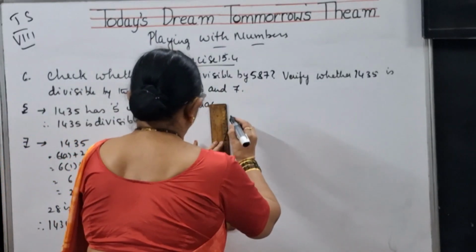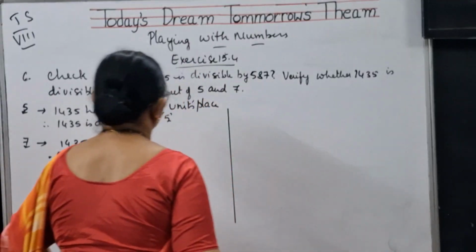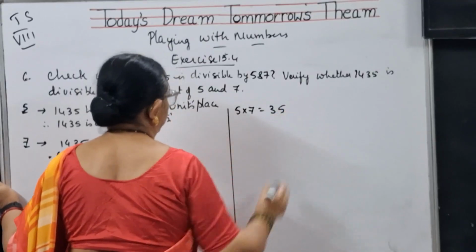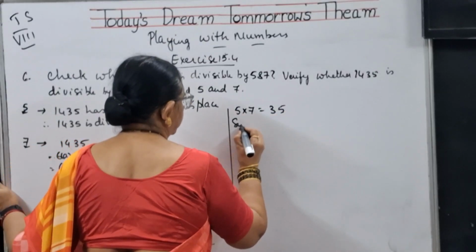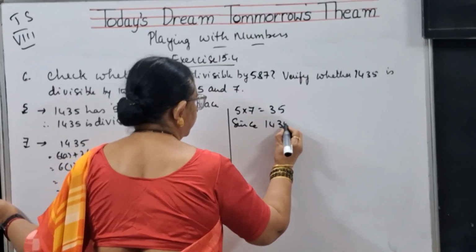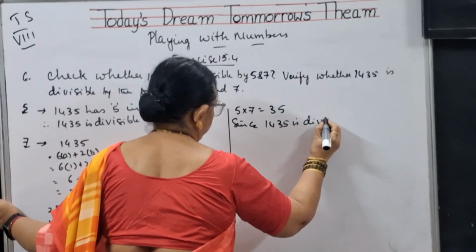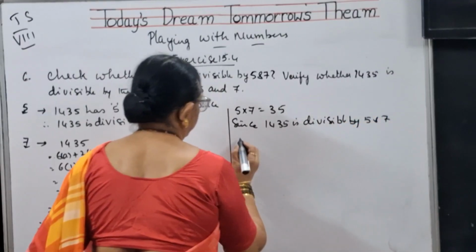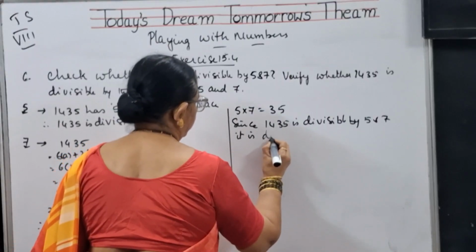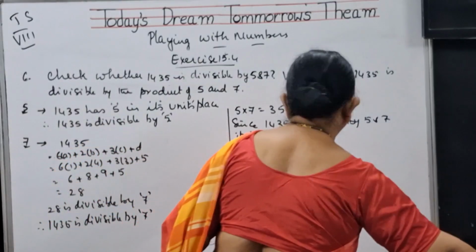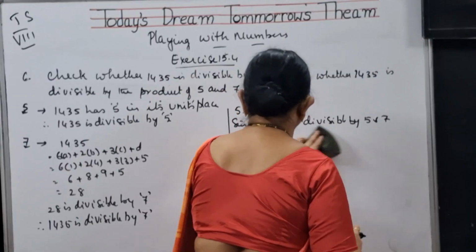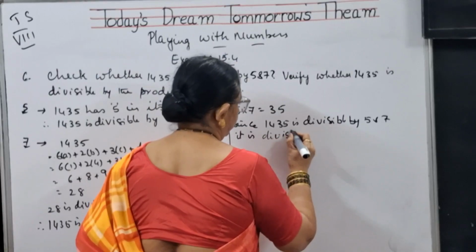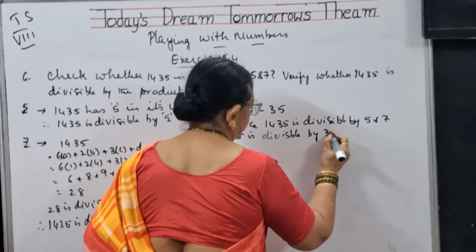Now, whether it is divisible by the product of 5 and 7. 5 into 7 is equal to 35. Since 1435 is divisible by 5 and 7, it is divisible by 35.